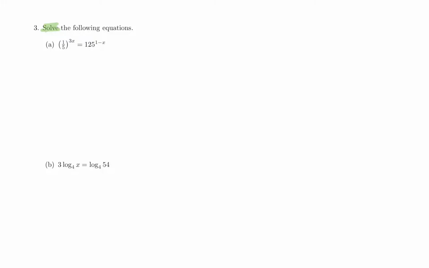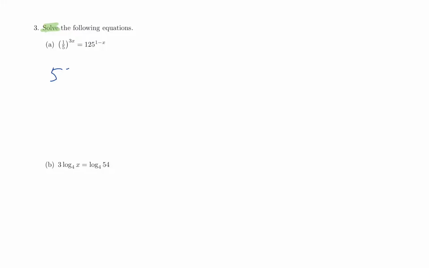Here, first we have to differentiate between log equations and exponential equations. This is exponential because there's no log. You don't see any log, right? We only see variables and exponents. So we're dealing with exponential functions. For exponential functions, we want to try to write both sides with the same base if possible.